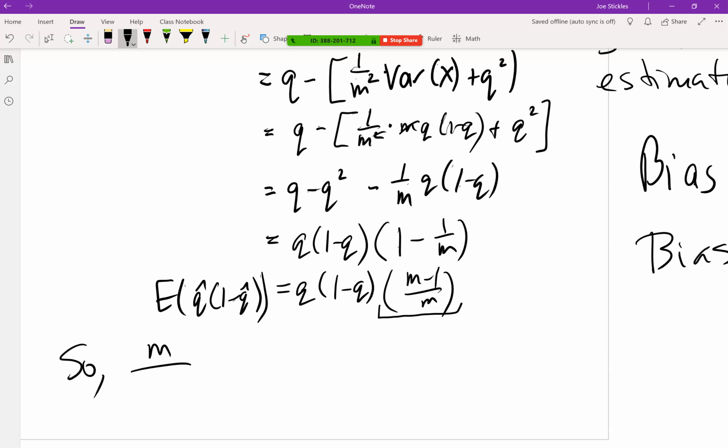So, to get rid of that bias, we can do m over m minus 1 times the q hat times 1 minus q hat. If I put that m over m minus 1 out in front and then do the expected value, it'll cancel out the m minus 1 over m.